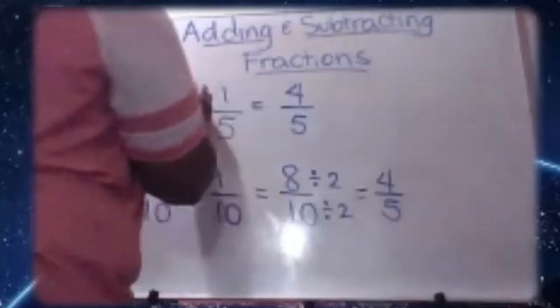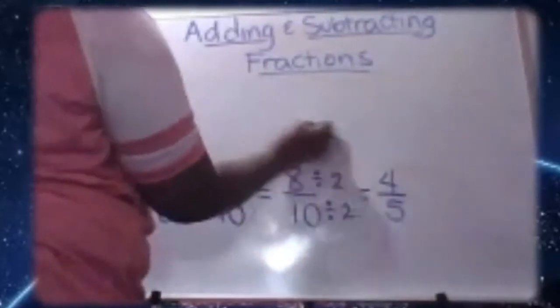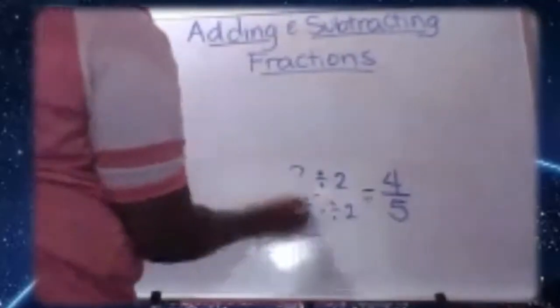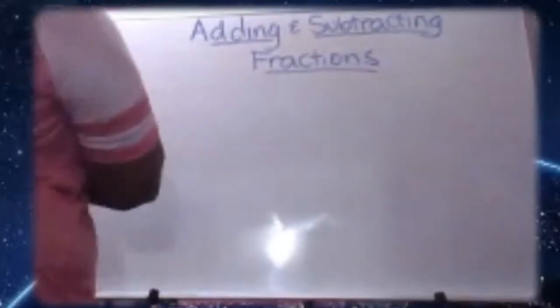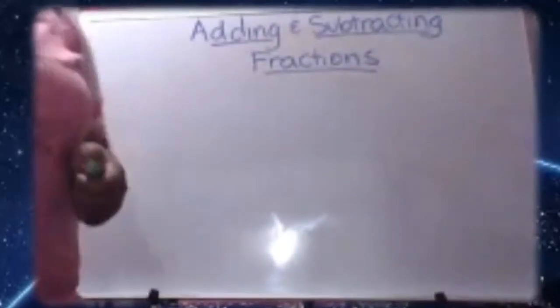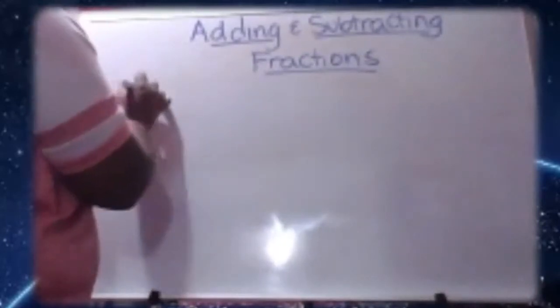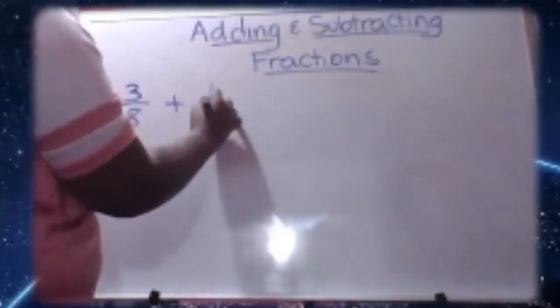So what happens when you don't have the same numbers? Well, when you don't have the same numbers on the bottom of the fractions, we have some work to do. So let's do an example. Let's say we had 3 over 8 plus 1 over 10.